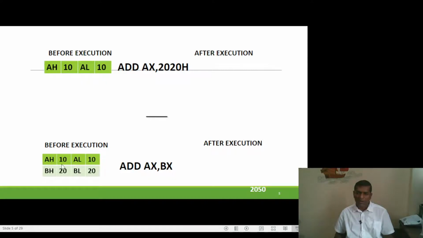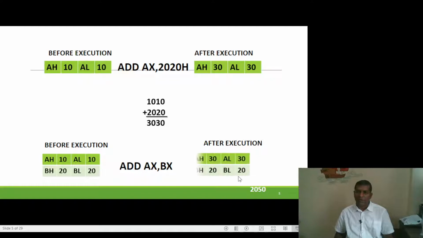Contents of AX are 1010 and BX are 2020. After execution, 1010 will be added to 2020 and the final result 3030 will be stored in AX. So the previous contents of AX, 1010, are altered to 3030 as the final result.